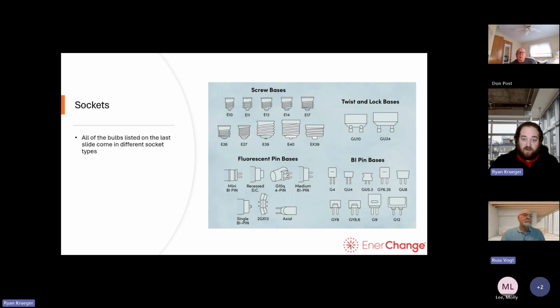Just for screw bases, the E39 is your standard mogul base. On that mogul base, that's going to be the 400 watt metal halides or the 1,000 watt metal halides. It's just a bigger socket. And then your standard A19 socket is the E26. In ceiling fans, they have an E11 base with a candelabra bulb.